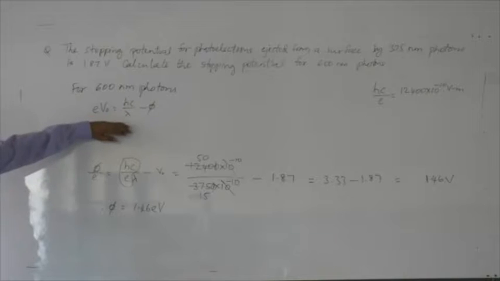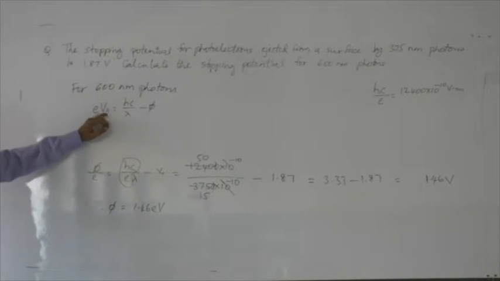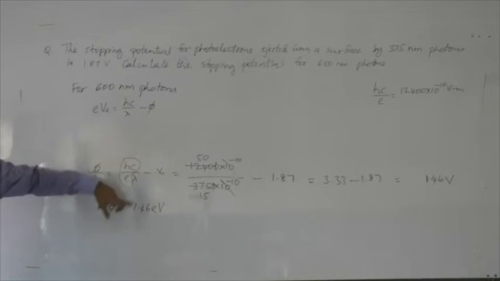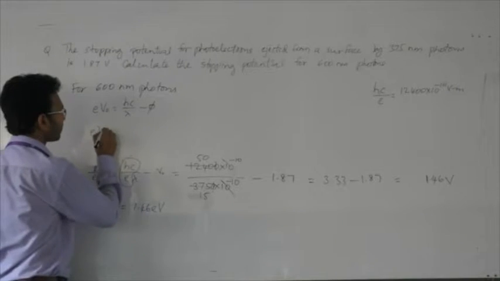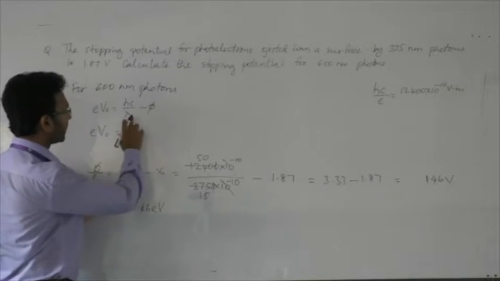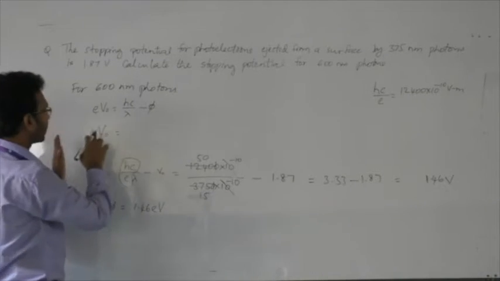You can take it like this: hc by lambda minus phi equals E V naught. Now we have lambda, and we have phi from here, so we can find V naught. So E V naught is hc by lambda minus phi. Again, I'll divide by E everywhere, so it becomes V naught.